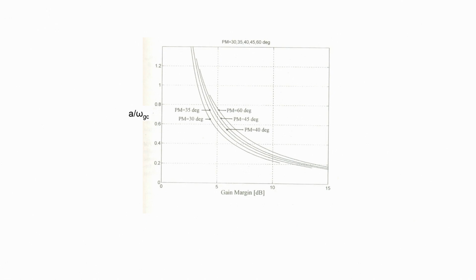So we shall revisit the same plot, but this time the y axis of the plot has been changed to A by ωgc, where A is the location of the unstable pole.